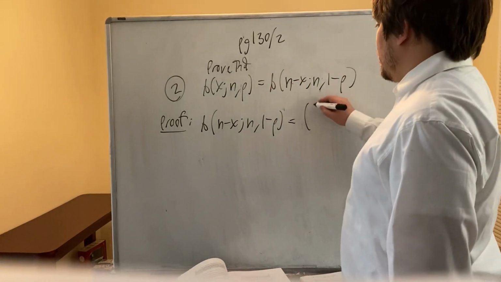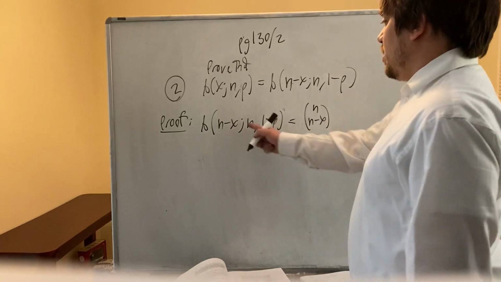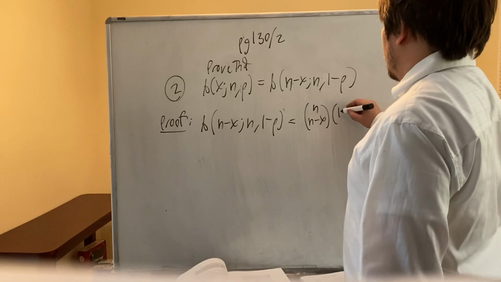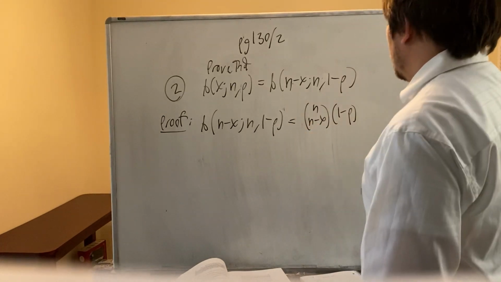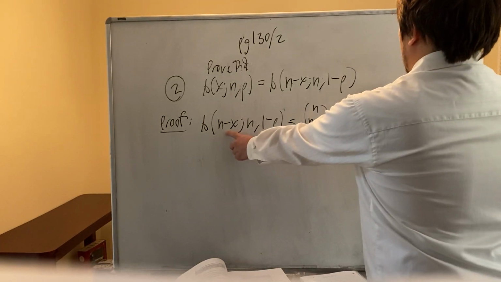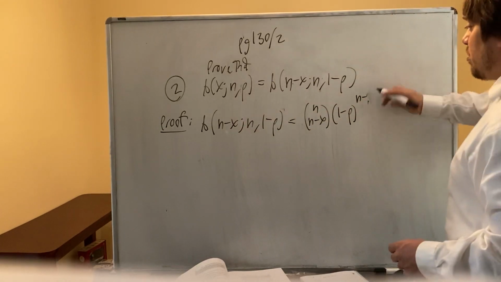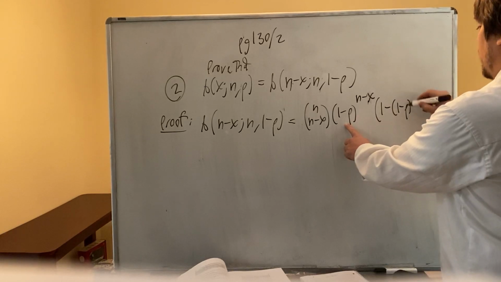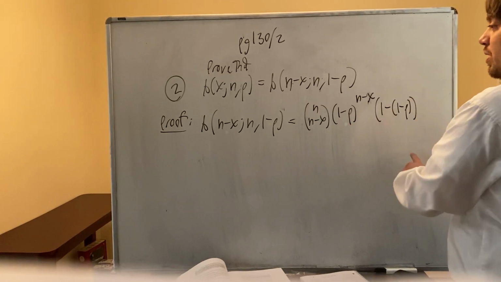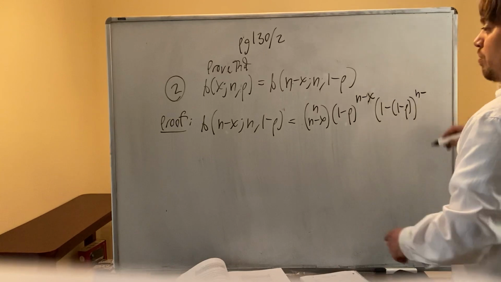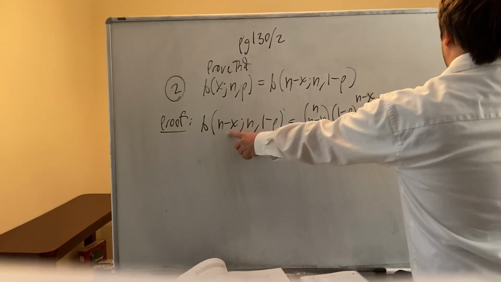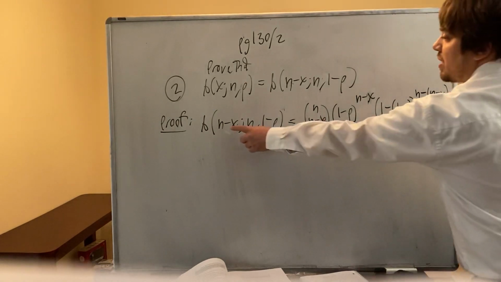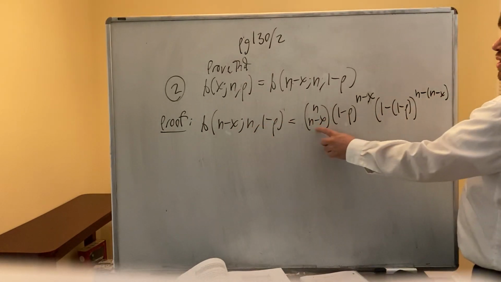So this is n choose n minus x, times the probability of success, which is 1 minus p here, raised to the n minus x, times the probability of failure, which is 1 minus this, 1 minus (1 minus p), raised to the total minus that many successes. Okay? So we want n minus x successes out of n, so it's n choose n minus x.